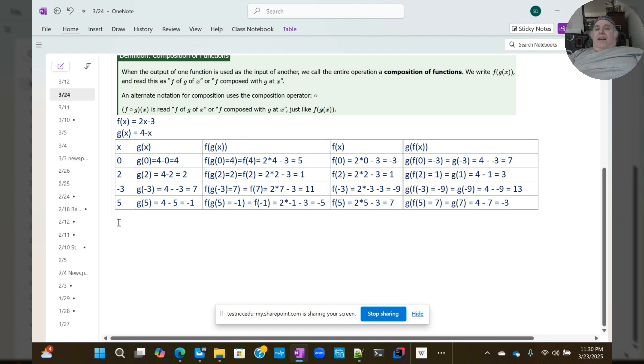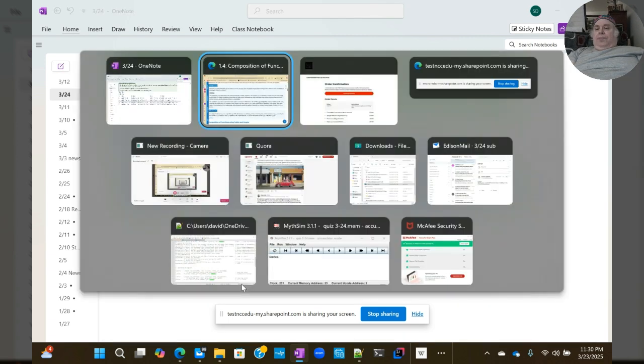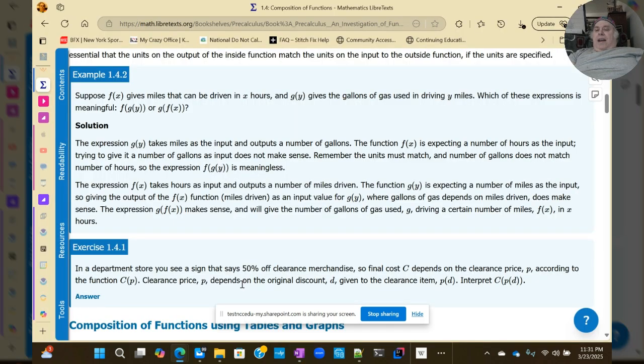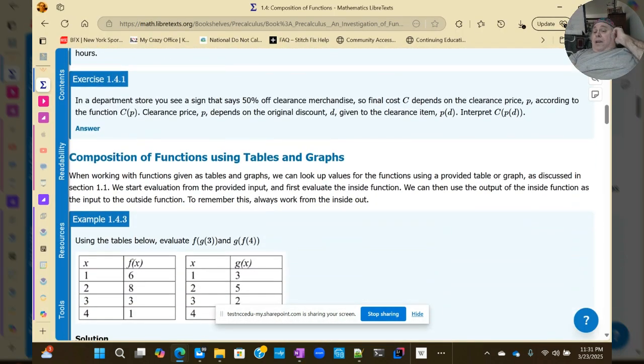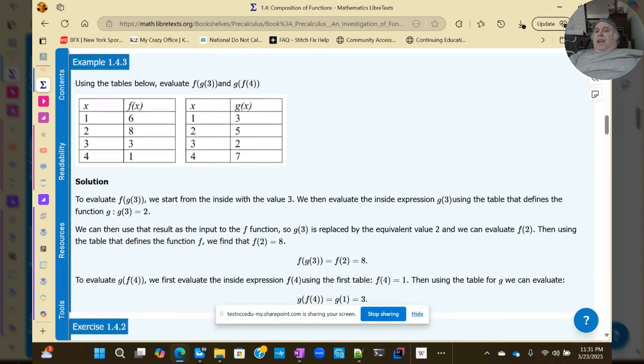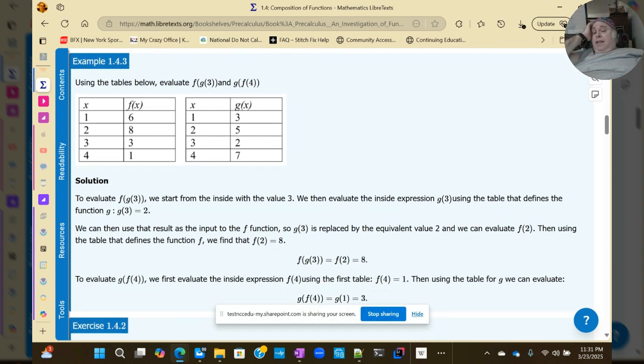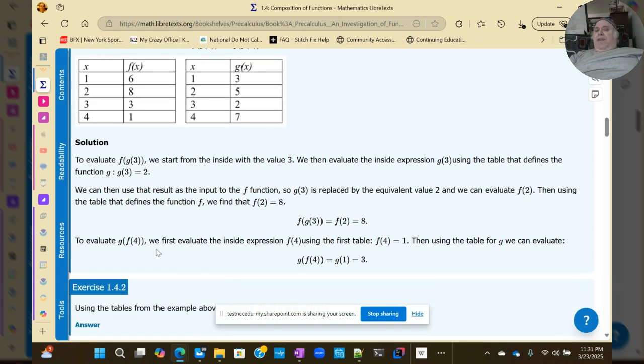And that is a very important concept. If we go back here, you can compose functions using tables or graphs. Here we have two function tables for x, f of x and g of x. If we want to find f of g of 3, we start by figuring out g of 3, just like we did before. We find that it is 2, and then we feed the 2 into f, and we find that it's 8.